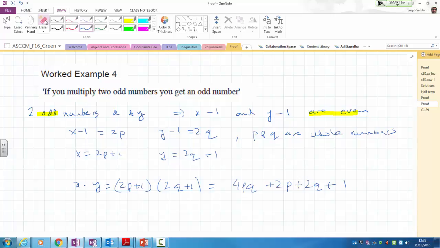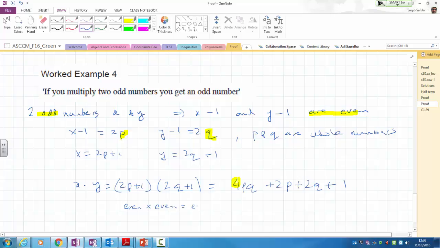Now do you see the point in using the algebra at this stage, where you've introduced these letters of p and q? Had we not put the 2's there, you just get p times q, but they're just integers. But when you've got the 4, because we put the 2 in front, we end up with this 4 over here. And we know that an even, so let's write this down, even times even gives us what?